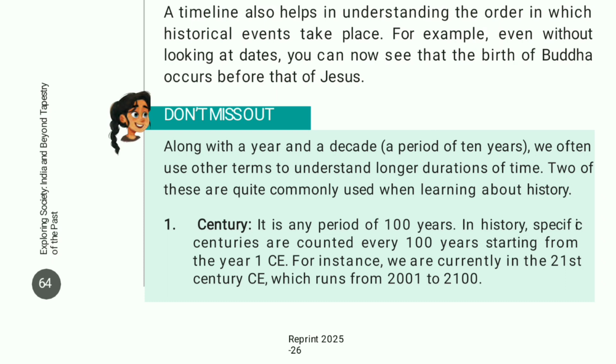First, century. It is any period of 100 years. In history, specific centuries are counted every 100 years, starting from the year 1 Common Era. For instance, we are currently in the 21st century Common Era, which runs from 2001 to 2100.